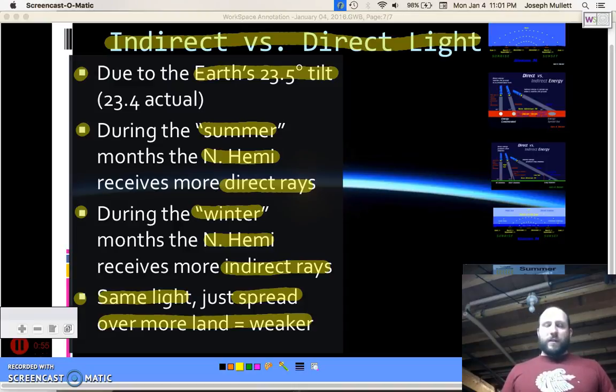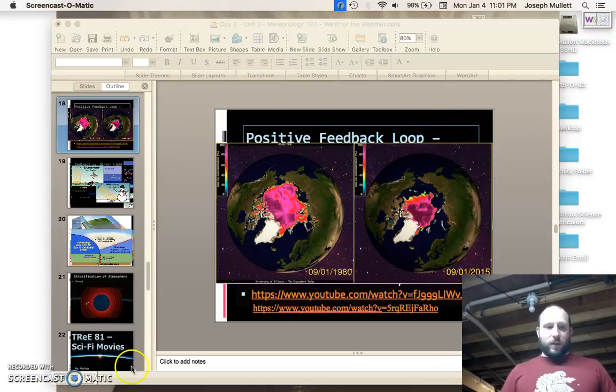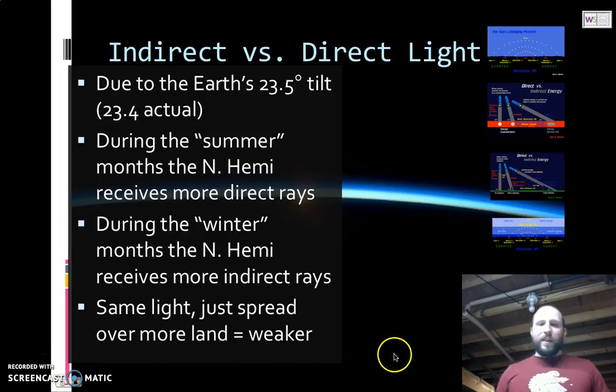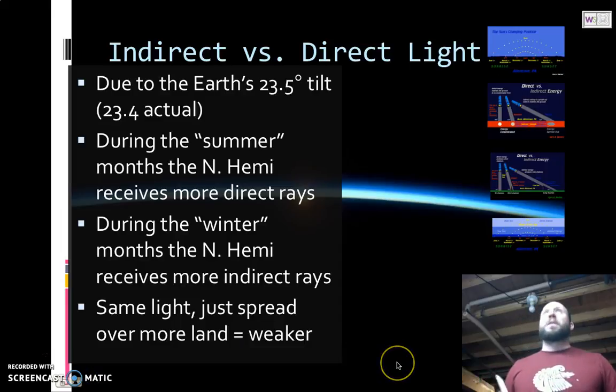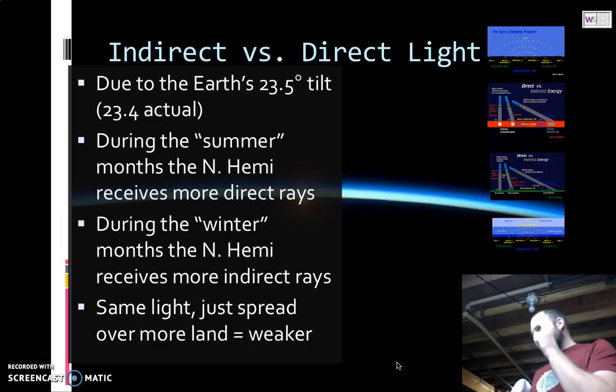This idea of indirect versus direct light, I might actually quote Mr. Tolkien of Lord of the Rings here. If we start thinking about it as butter, and the sunlight is the amount of butter, if I was to take butter and spread it over a very, very small piece of bread, say a crouton, the flavor of the butter would be very, very strong.